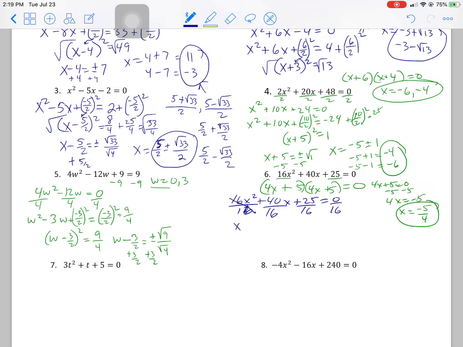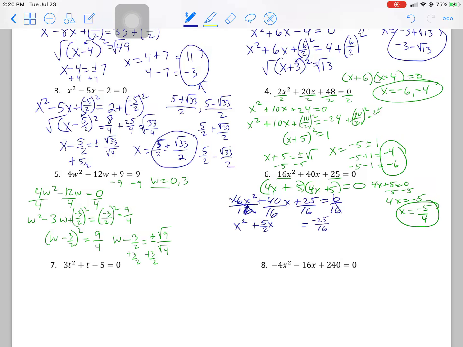So that needs to be an x squared, without anything in front of it. So this reduces to a 5 over 2x, and I want to move this term to the other side because that's going to go away. So this is going to be a negative 25 over 16.